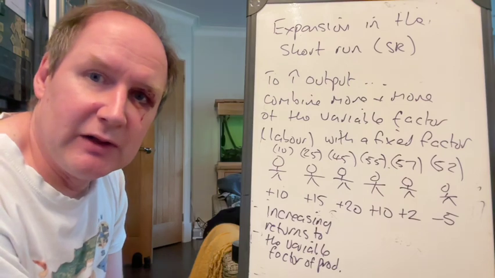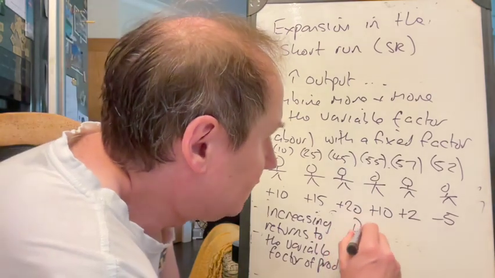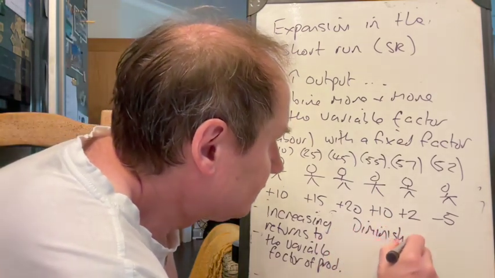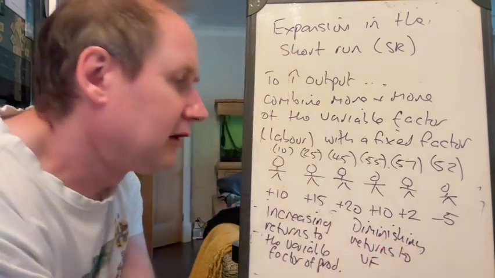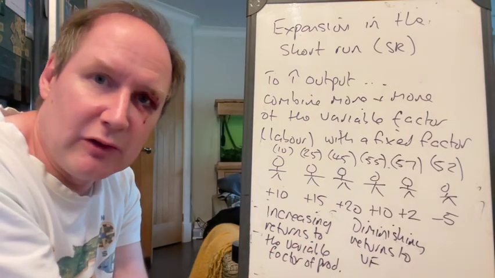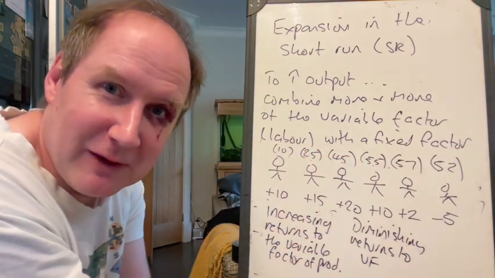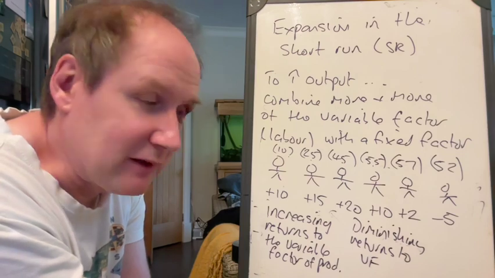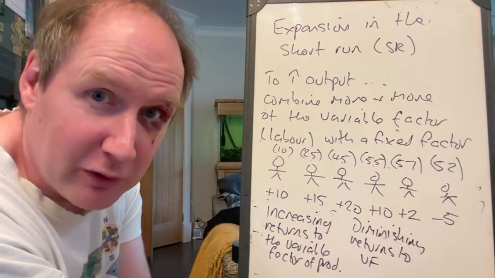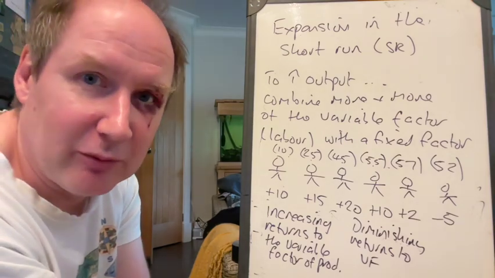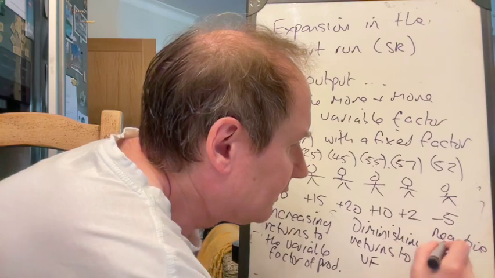Eventually, the fixed factor of production starts to get overused, and we have diminishing returns to the variable factor. Each worker is now adding less than the one before, although our total is still going up. They're not completely useless. They haven't got as much space to operate in, so they're making less difference. Until finally, we add a worker who really is now a nuisance. They're actually reducing total output.